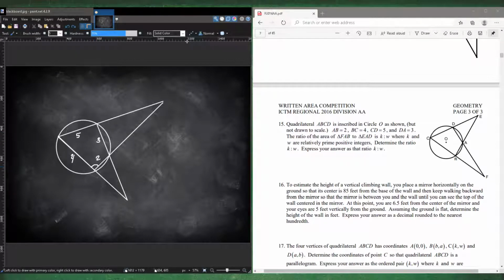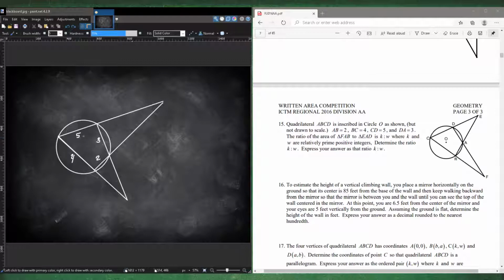But I also know that these two angles have to add up to 180. So that gives us that this angle is equal to this angle. And that is the same logic for this plus this being 180, but this plus this is also 180. And you can do the same logic for this. So that's just the idea of using those angles.